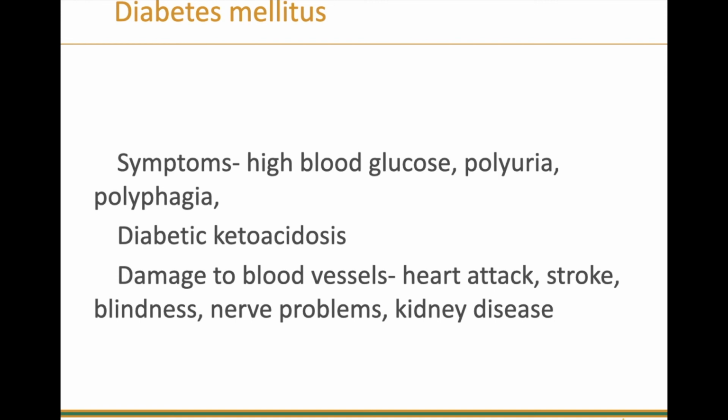This will mess with the pH in your blood, and all of this leads to damage to small blood vessels. This leads to things like heart attack, stroke, blindness, nerve problems. Kidney disease is another complication. So not a fun disease to have.